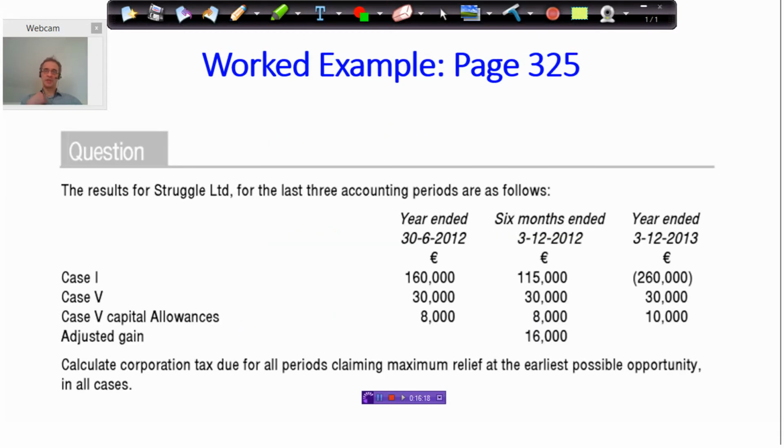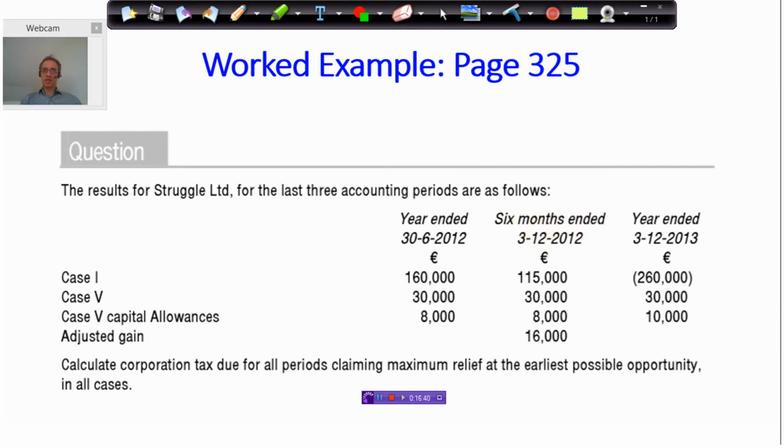Now what you'll see in this example here, and again I'd refer you to BPP text page 325, is we have a company called Struggle, and we have a trading loss here of 260,000 euros. This is obviously for a year, but you'll see that the immediately preceding period is only 6 months.